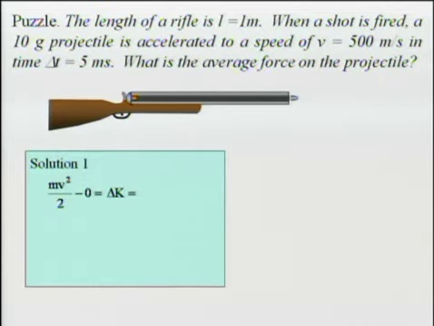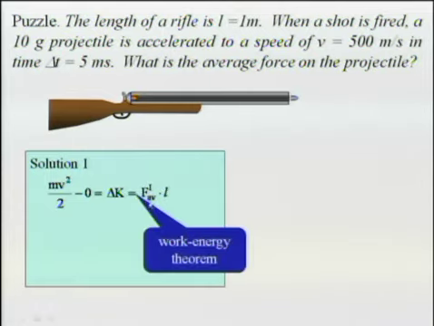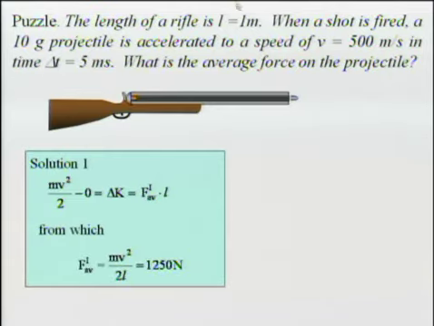But over here I can assume that all other forces except the force exerted by burning gunpowder are insignificant. So I will just write down that this is work done by the gunpowder. And I will write down that there was a certain average value of the force multiplied by the length of the barrel, from the work energy theorem. If I solve now for the force using the given quantities, I will get that the average force was 1.25 kilonewtons. This is if I use work energy theorem.